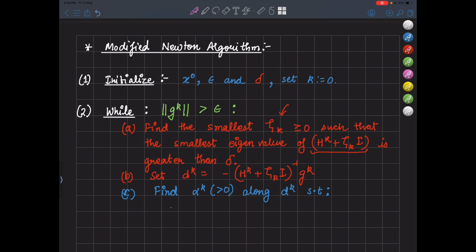So what are the two conditions that need to be satisfied? f of xk plus 1 is less than f of xk. This is necessary, and the Armijo and Wolfe or Armijo and Goldstein conditions are satisfied.